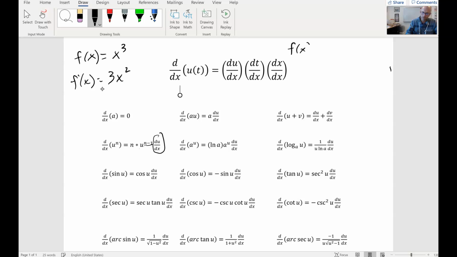However, if I have f of x equals, let's say, tangent x cubed, once again, and this is where that chain rule comes in, the derivative would be multiplied out by 3. Notice the tangent x stays the same because the u stays the same here, right? The power drops to 2, and then I'd have to multiply that by the derivative of tan x.